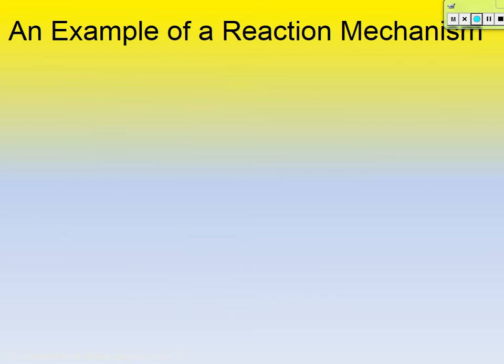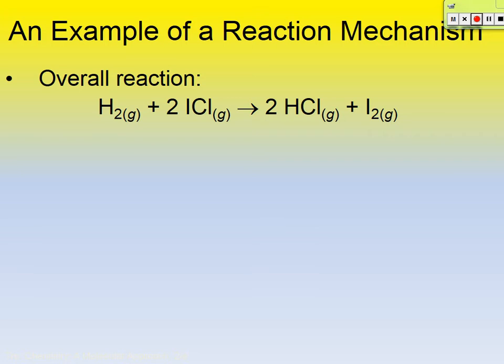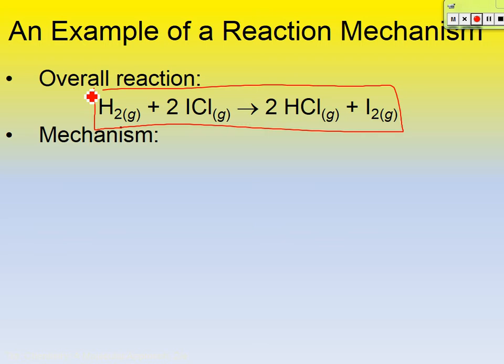All right, here's an example of a reaction mechanism. We have an overall reaction given here of hydrogen plus 2 ICl goes to 2 HCl plus iodine. So this is my overall reaction. But the mechanism for this reaction could be a little bit different.